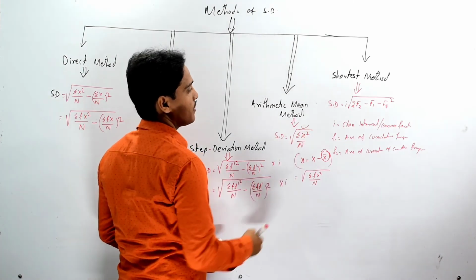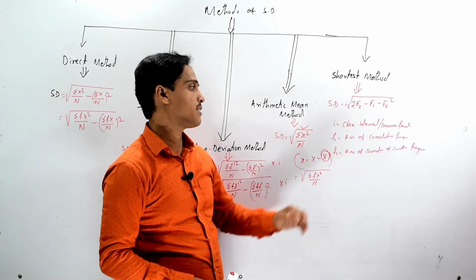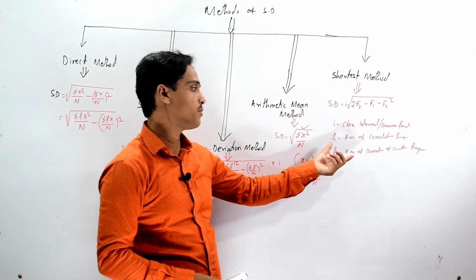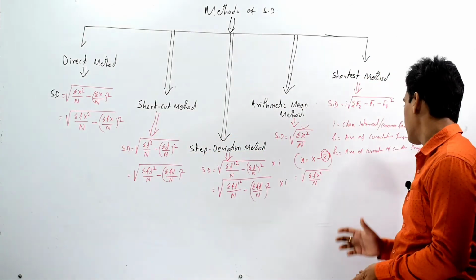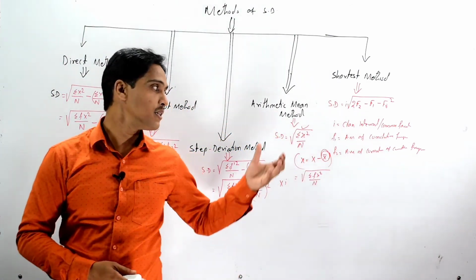So here I equals class interval or common factor. F1 is the arithmetic mean of cumulative frequency and F2 is the arithmetic mean of cumulatives of our cumulative frequencies.